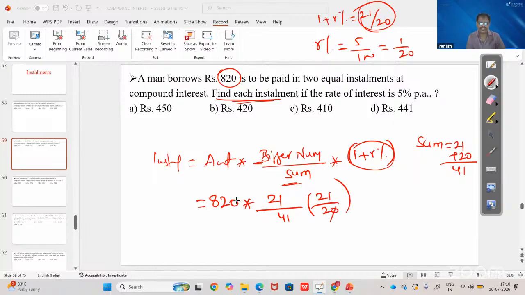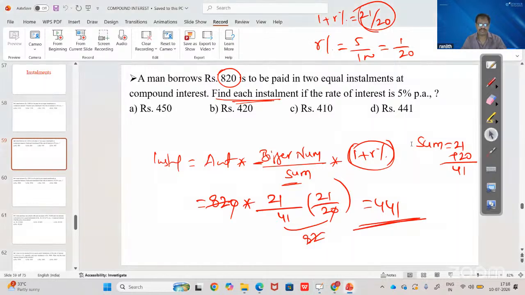The zero is cancelled, 41 twos are 82, 82 is cancelled. Each installment equal to 441. The answer is 441. This is the other method to find it. We can also find it by using the ratio method. I will explain that also.